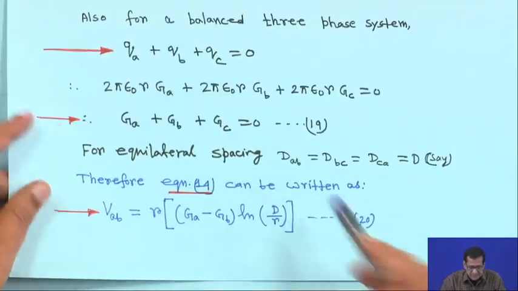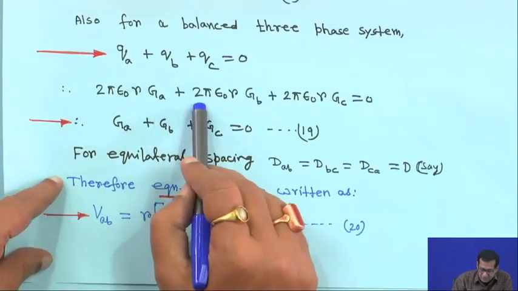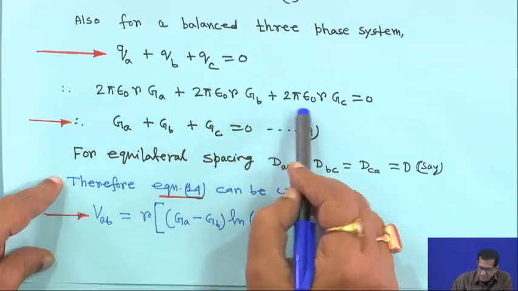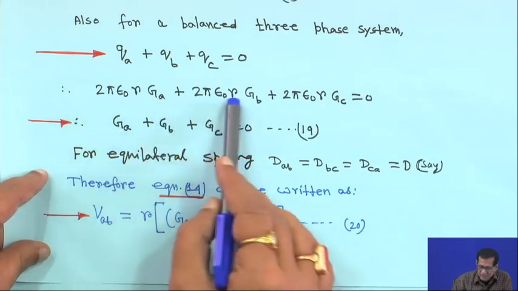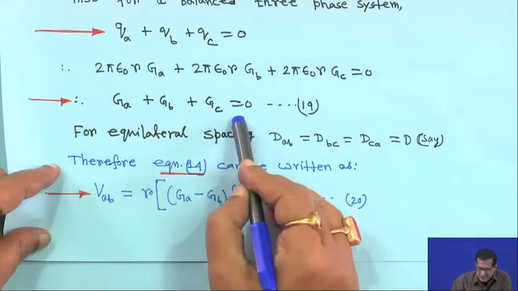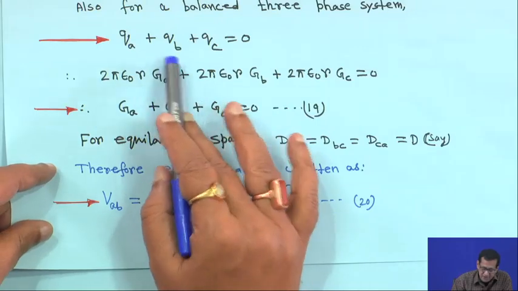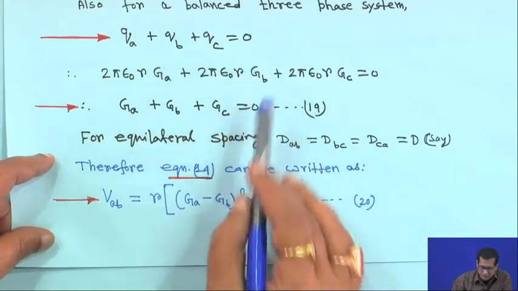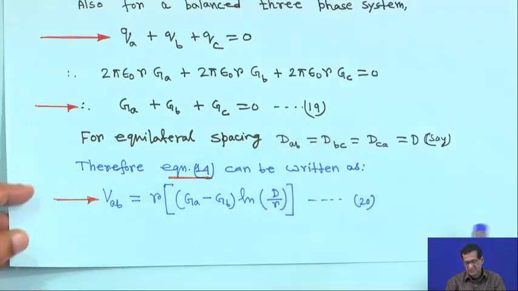That means, instead of QA plus QB plus QC, we can write 2 pi epsilon 0 R GA plus 2 pi epsilon 0 R GB plus 2 pi epsilon 0 R GC. Therefore, 2 pi epsilon 0 R is common, so it will not be there. So, GA plus GB plus GC is equal to 0, that means, for a balanced system, if QA plus QB plus QC is 0, then the potential gradient also GA plus GB plus GC is equal to 0, this is equation 19, right.